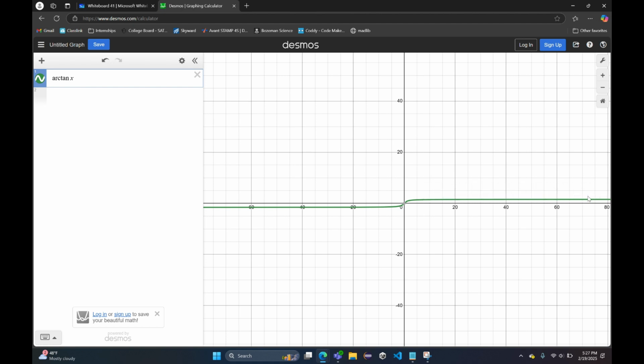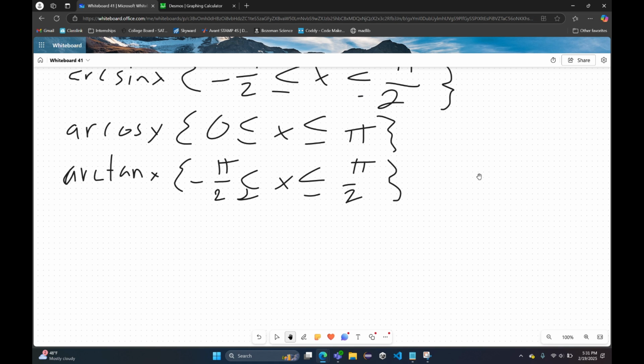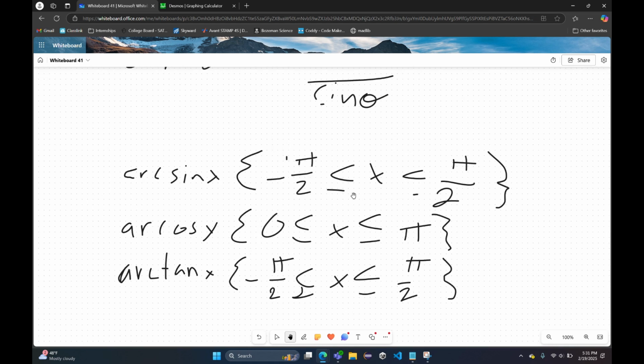And as we get closer and closer to infinity, you're going to notice it's going to reach negative pi over 2 is less than or equal to x is less than or equal to pi over 2. Okay, so this is pretty cool. We can put in any of these angles as long as it's in between this domain, and it'll give us back the corresponding ratio for that corresponding function.